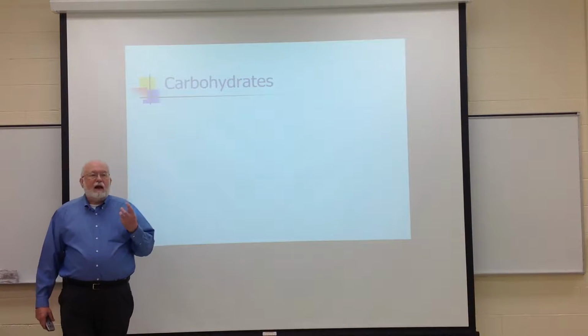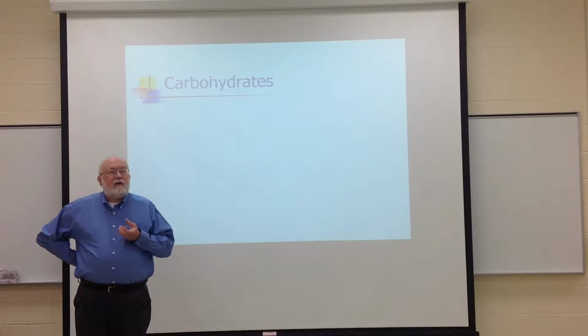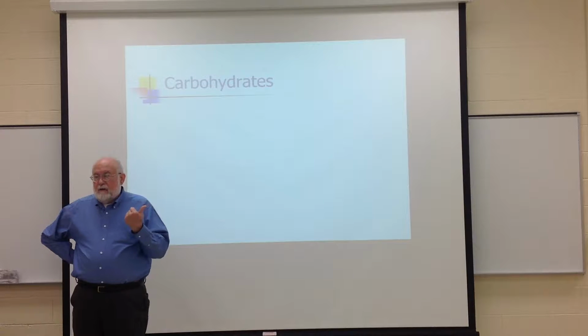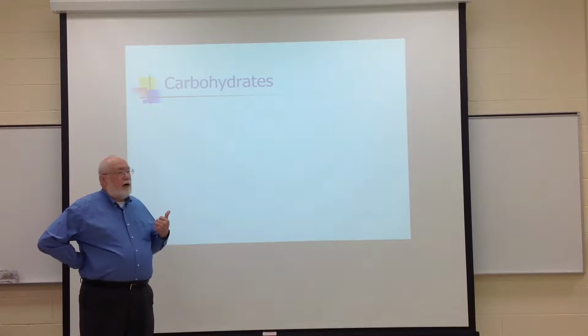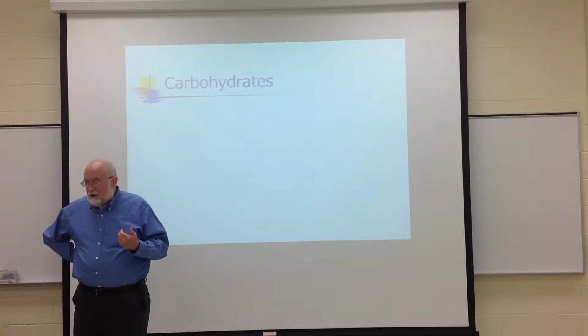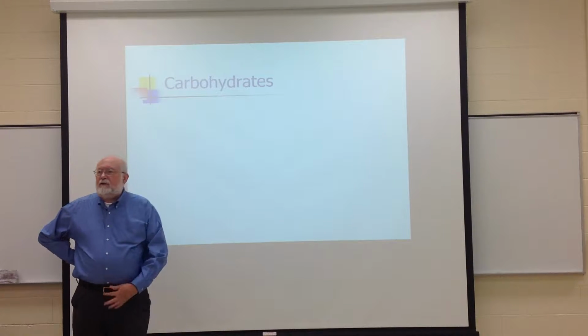Now, if you get out your terminological dissecting kit and you take a look at that word, you see carbon. Alright, now remember, if they're organic compounds, carbon is the primary basis on which they're built. And hydrate. Well, hydrate refers to water. So it's kind of like carbon and water. Well, what are the elements that you find in water?